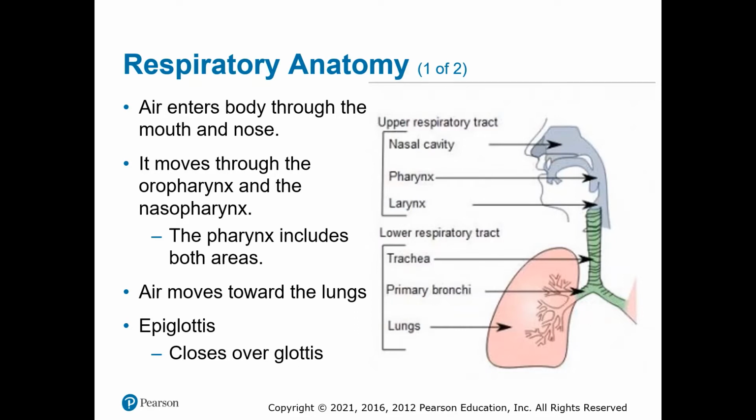You also have the epiglottis that covers the glottis, which is the opening of the trachea. Basically, if you're going to breathe, it opens up and allows air to go into the trachea. If you're going to swallow, it closes over the trachea so that nothing can get into the trachea.